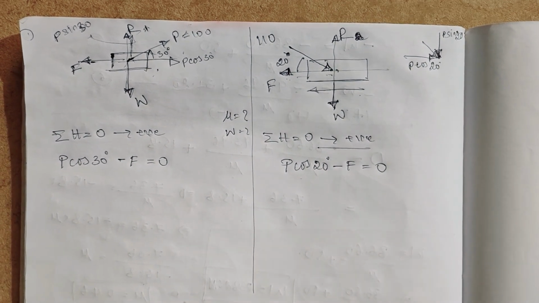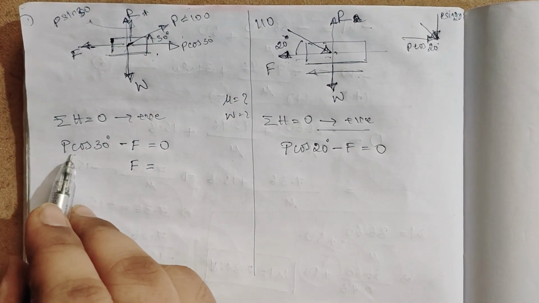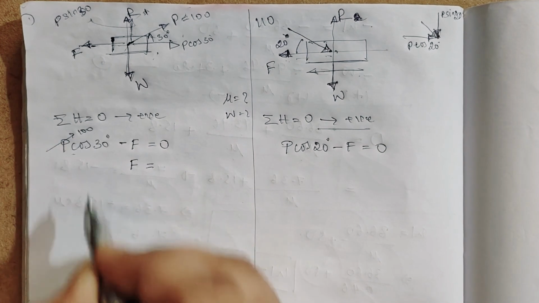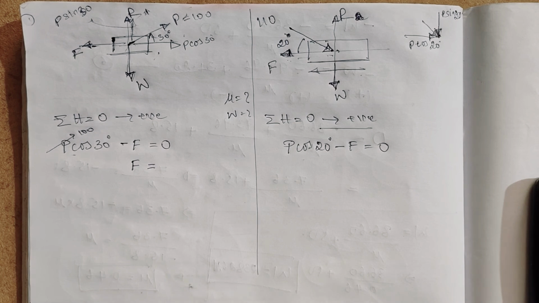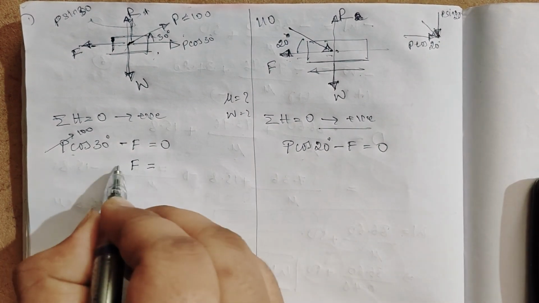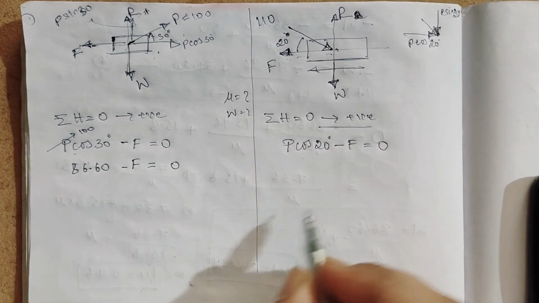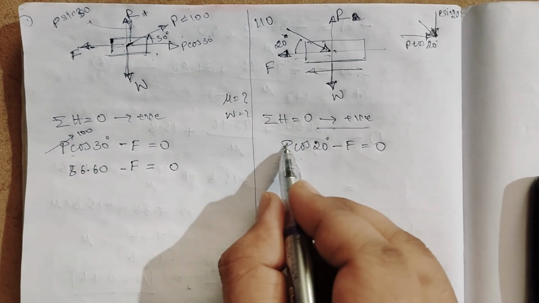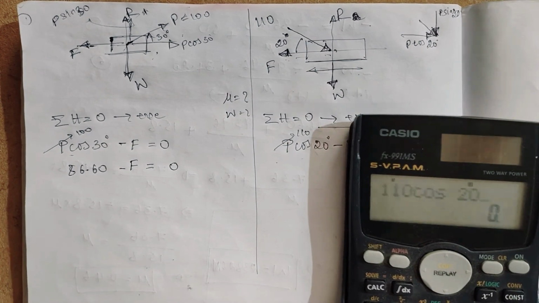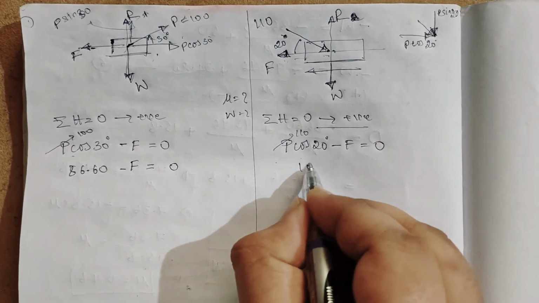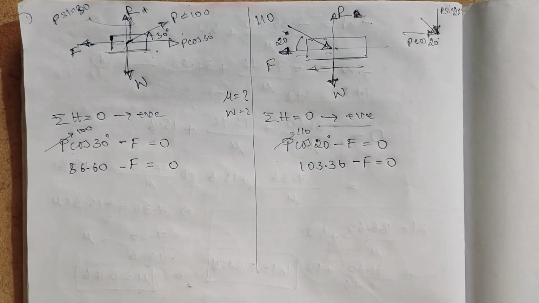So now what happens? We get the F value here. So P cos 30 degrees, the value of P is 100. So 100 cos 30 degree, 86.60 minus F equal to 0. Here this P is 110, so 110 cos 20 degree, that is 103.36 minus F is equal to 0.